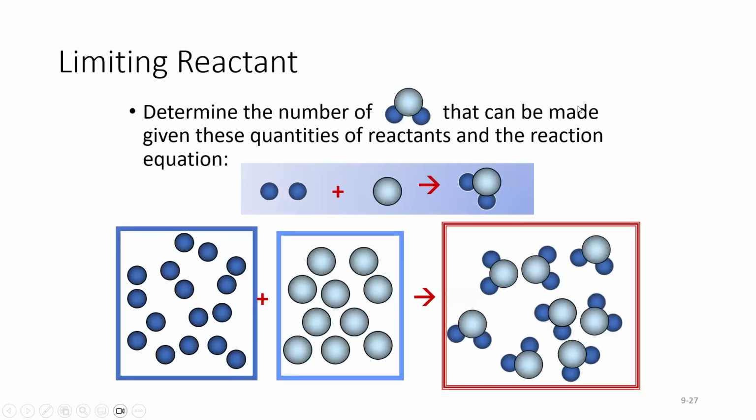So if we go through here, we need 2 of these plus 1 of these to give us 1 of those. So let's start crossing these out. 2 of those, 1 of those gives us 1 of those. 2, 1, 1, 2, 1, 1, and so on.